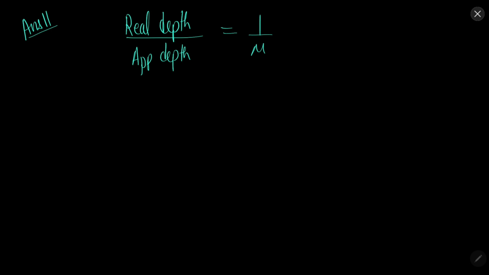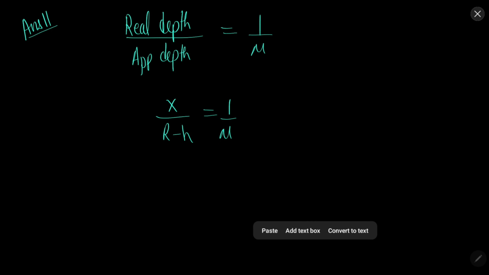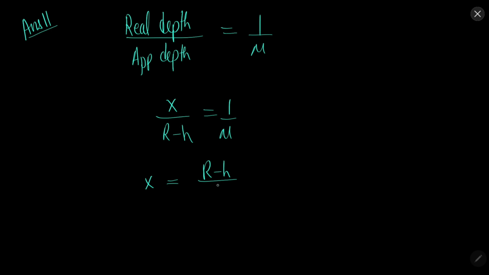So the ratio of real depth over apparent depth will be 1 by mu with respect to the mirror. So x over r minus h is 1 by mu. So x, the position, will be r minus h over mu.